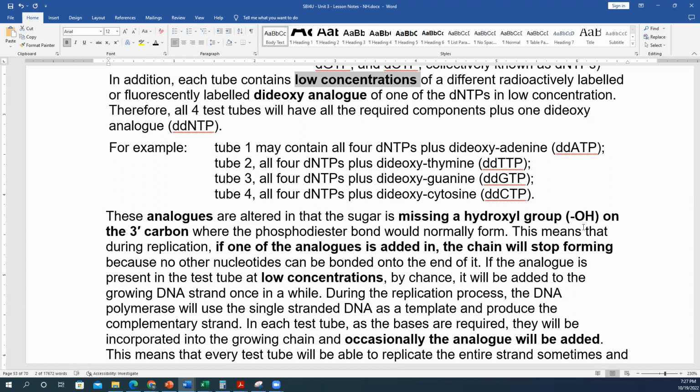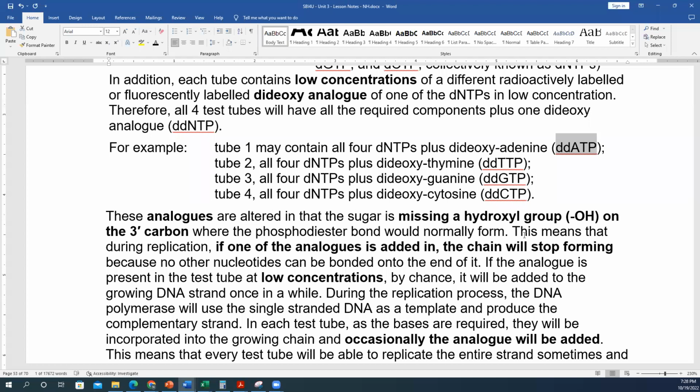So this means that if during replication, one of these analogs is grabbed by polymerase, so instead of a regular dATP, it grabs a ddTTP, which you don't have too much of in your tube, then this will immediately terminate the replication and end that chain.